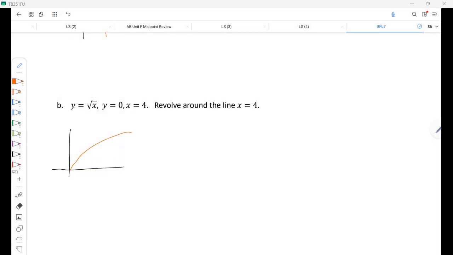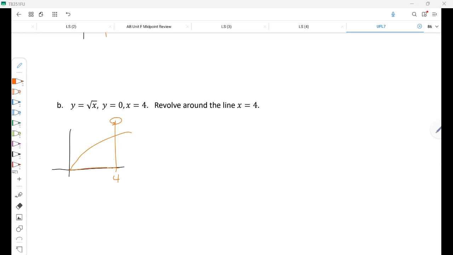All right, so we've got x equals 4 and y equals 0. We are rotating about the line x equals 4. So if I'm rotating across a line that's vertical, like the y-axis, what do I need my function in terms of?